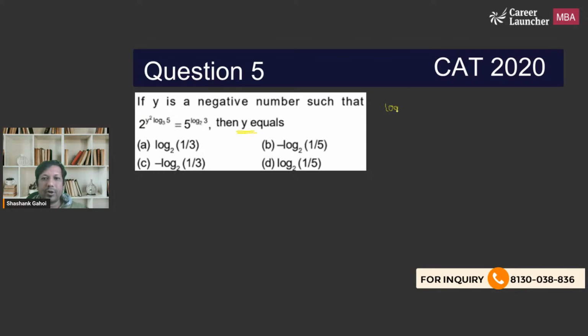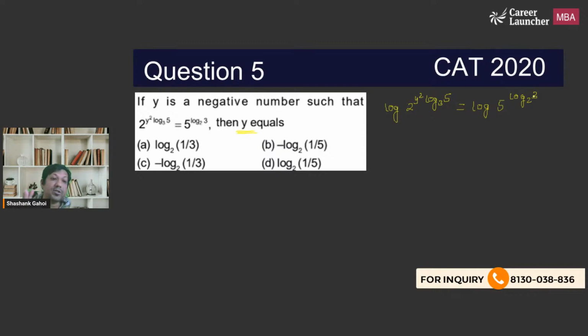So I'm getting log 2 y square log base 3 5, and that is equal to log 5 power log base 2 3. Now when I'm taking log, I'm not defining the base of log.